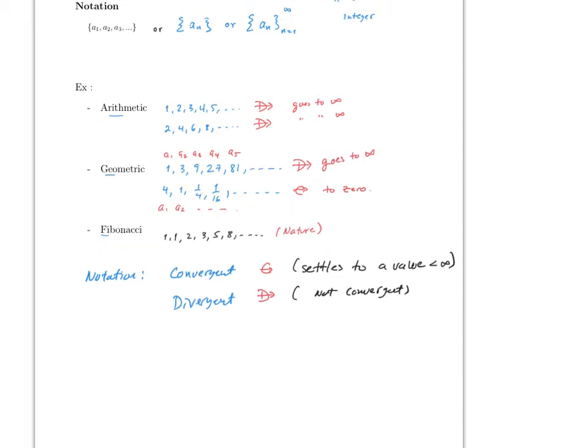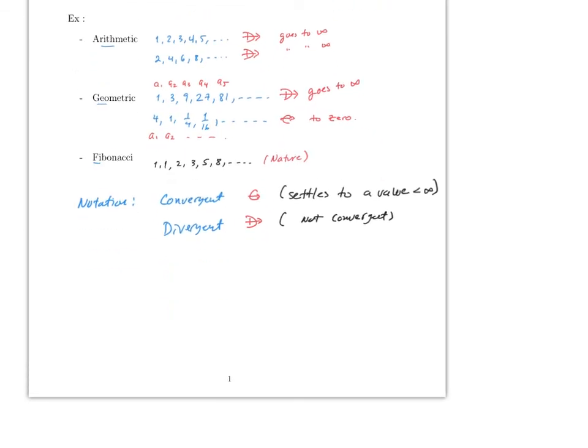Now, the sequence doesn't have to go to infinity to be divergent. We can have an example of a geometric sequence where you multiply by -1. So notice this keeps changing from -1 to 1.